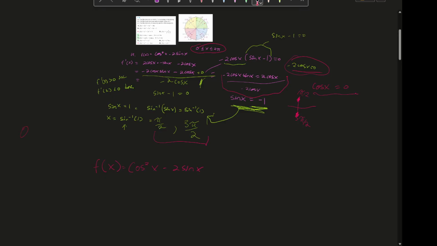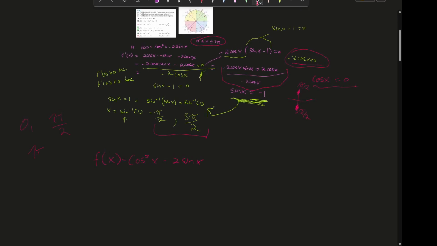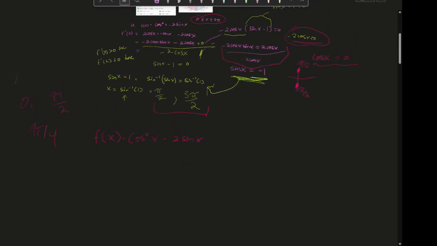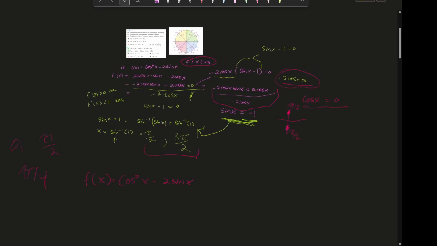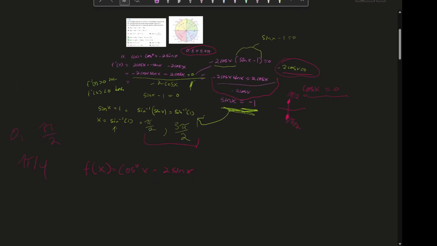You're gonna want to test something between 0 and your first critical point of pi over 2. We're gonna go ahead and pick something in there. I'll say pi over 4, because it's smack in the middle of those. And then you gotta test something between 3 pi over 2 and 2 pi.